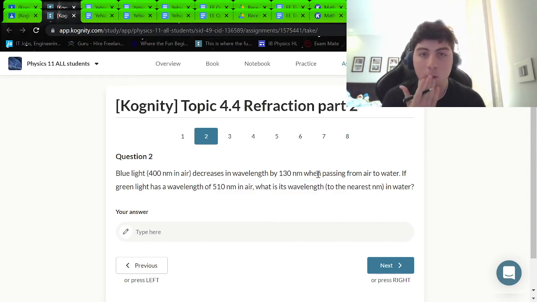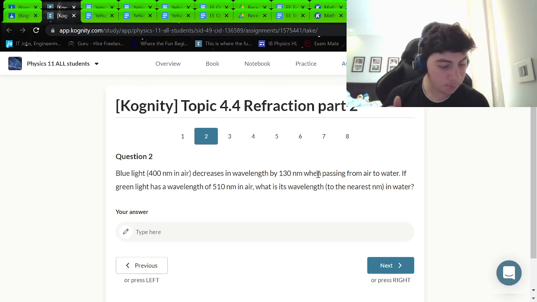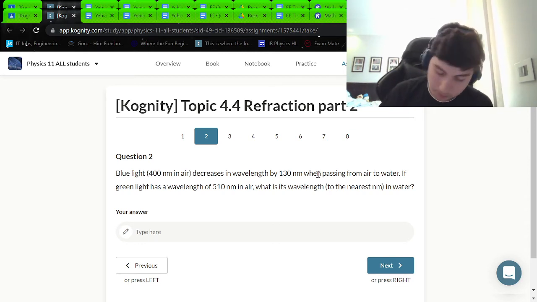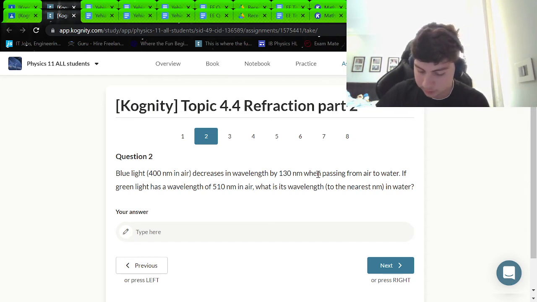How do you know how much it decreases by? Right, so it'd be, C equals frequency times lambda. So lambda is speed divided by the frequency, right? And we can use our data booklet for this one.